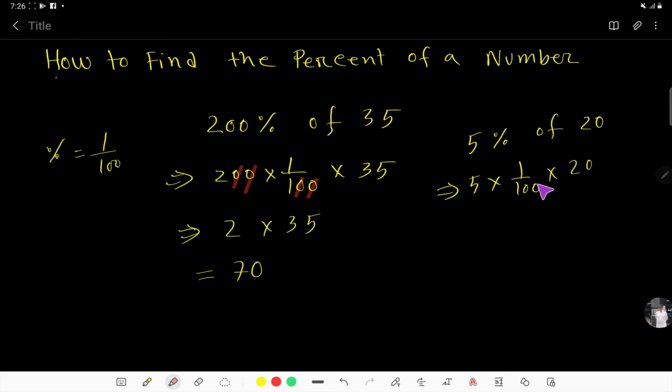So you cancel this 0, then we have now 5 over 10 times 2. If you divide this 10 by 5, you will get 2, and if you divide this 5 by 5, you will get 1. So you are getting here 1 times 2 over 2. The 2s cancel each other, so you are getting 1.